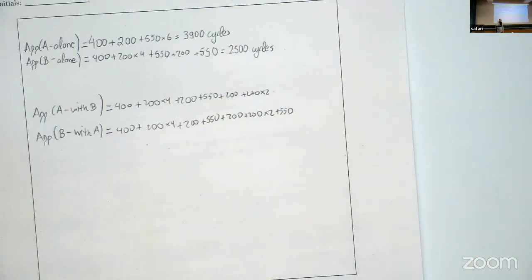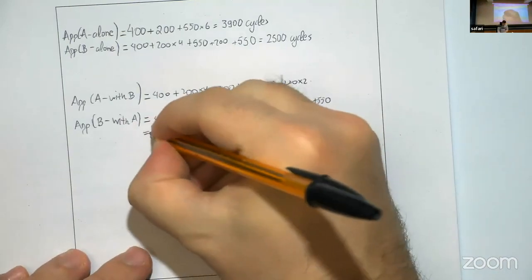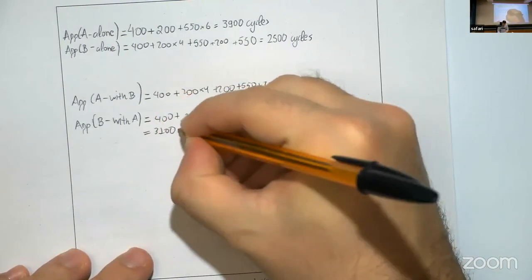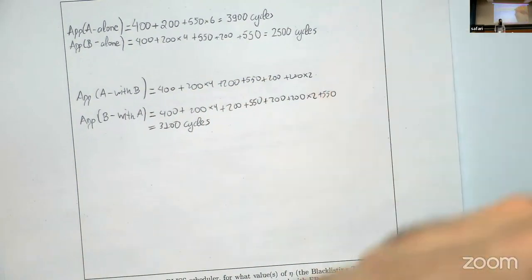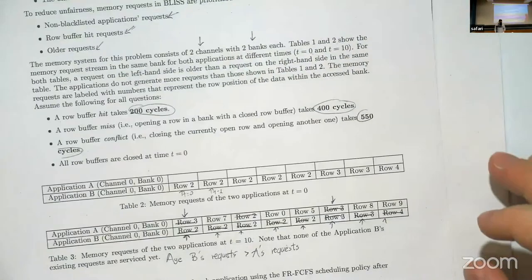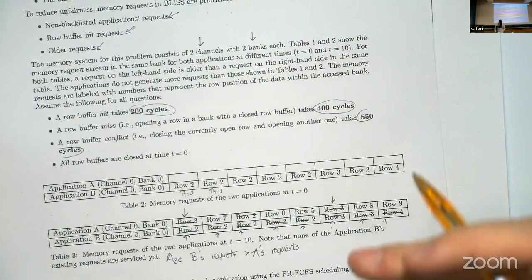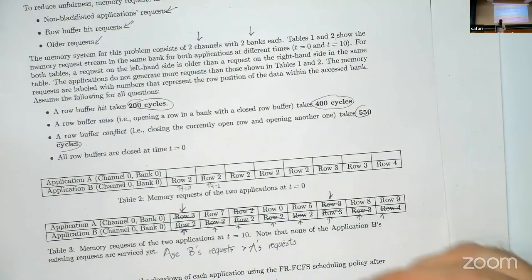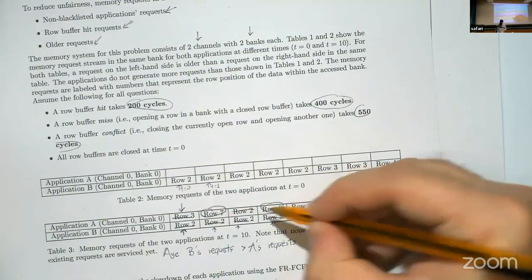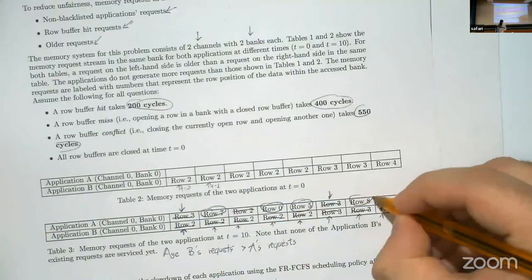So in total right now, given that we finished the requests of application B, we calculate the total latency, right? Which is 3,100 cycles. Now we haven't finished with all the requests of application A, and we need to finish them. And how do we do this? We see that we have row 7, row 0, row 5, row 8, and row 9.